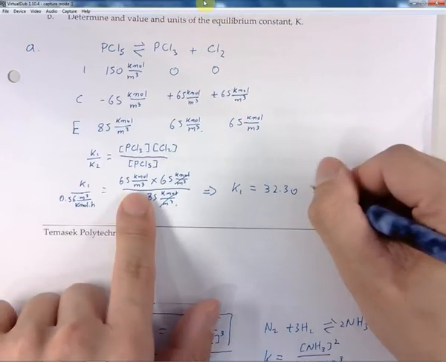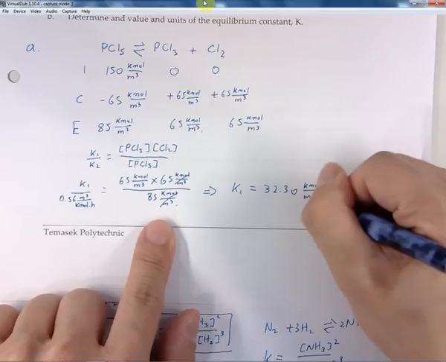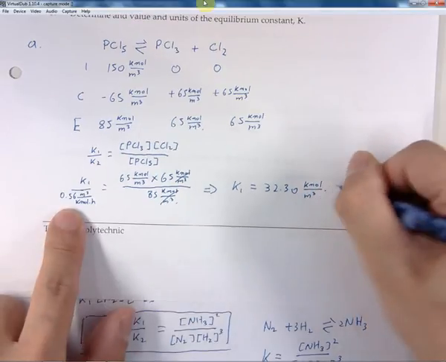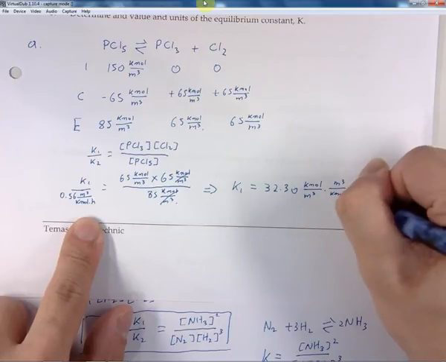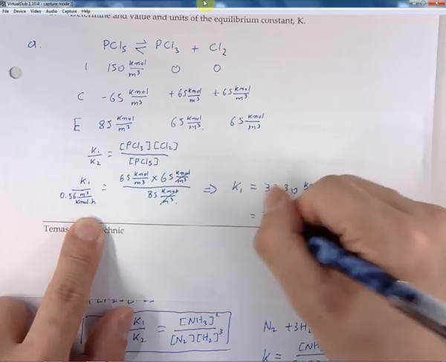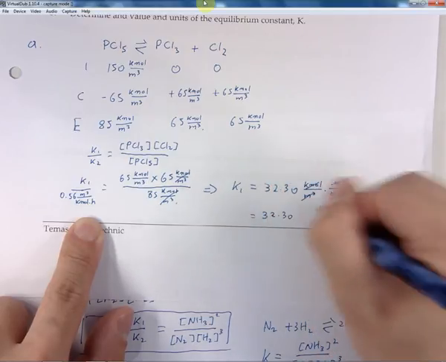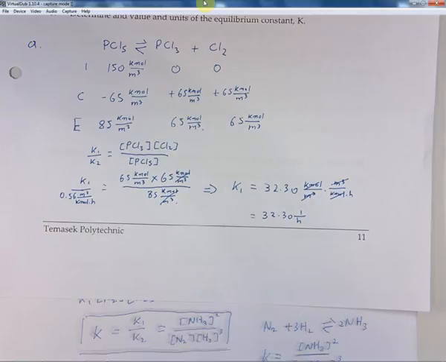If we do not know, we can do a unit analysis. Meter cube per kilomole per hour, and you'll get 32.30 per hour. So this is K1.